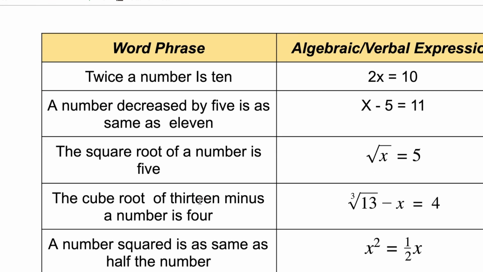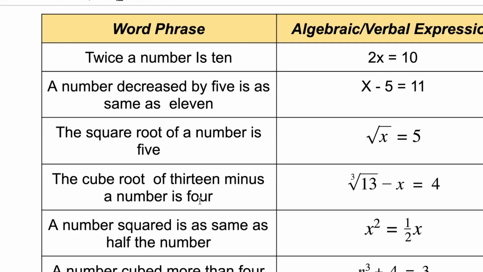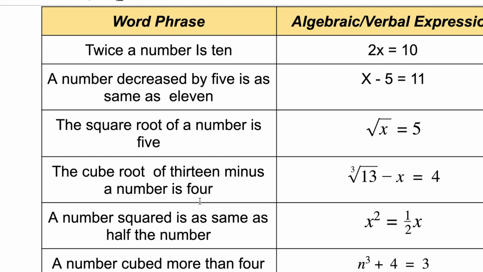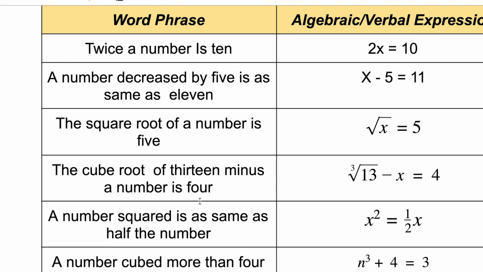So the first one is, the square root of a number increased by 5 is 11. The second one is, half a number multiplied by the same number is 5 more than 2. The next one, 3 more than twice a number is the same as 15.